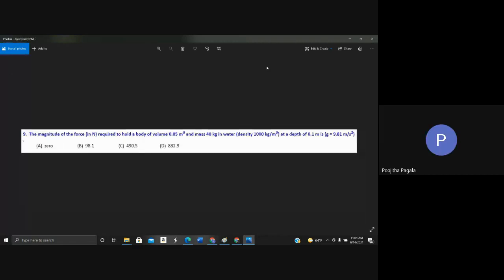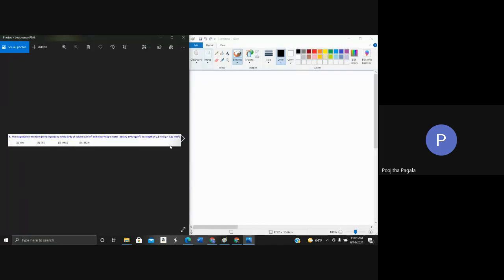Now, ఒకసారి let us look at the concept of buoyancy using this problem. So concept of buoyancy is simple.